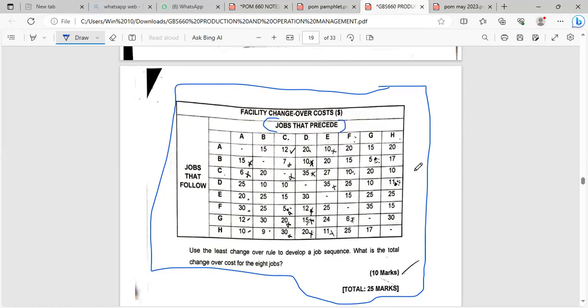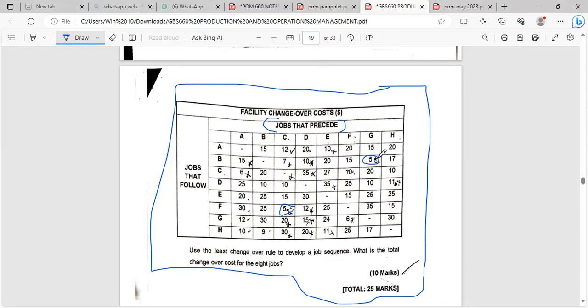But how many 5s do we have? Let me show you. We have a 5 here. There is a 5 on that one. So there's a 5 here. There's also a 5 here. Do we have another 5?